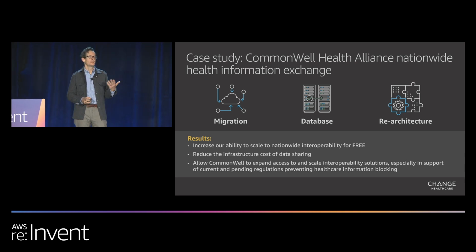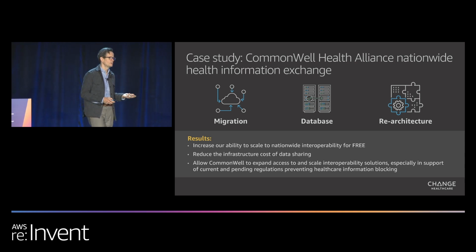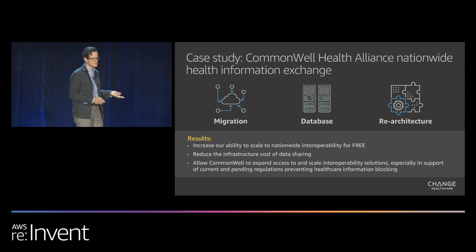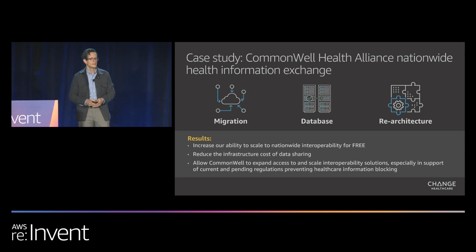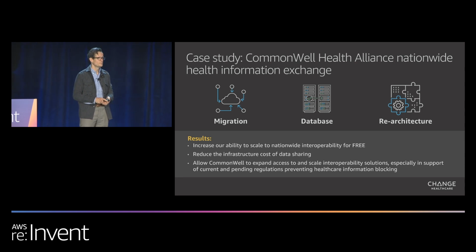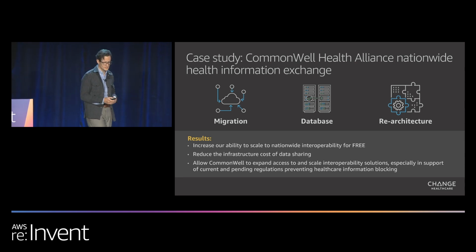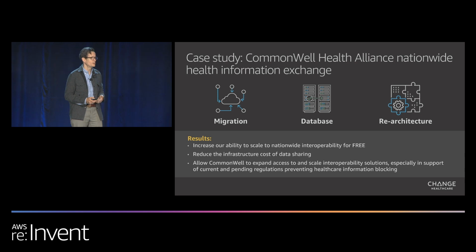And we made an announcement last year that we were going to take these services, the underlying services that power the Commonwealth Health Alliance, and turn them into services that are available for free nationwide. That obviously drives a significant scale problem as well. So we had a challenge.